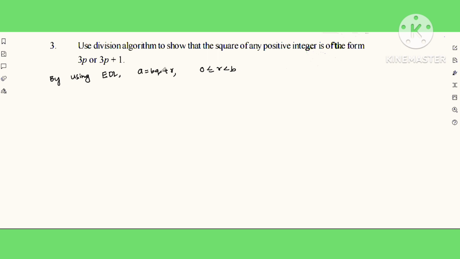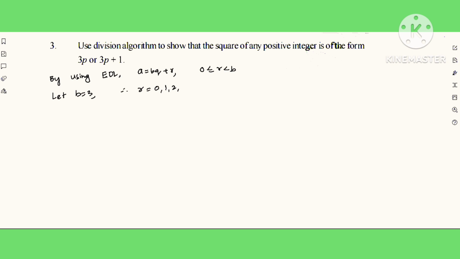Now, what value do we take for b? So here we have to take b value as 3. Let b equal to 3. So therefore, what are the remainders? 0 or 1 or 2. Okay. So when I take b equal to 3, we get only these 3 remainders.